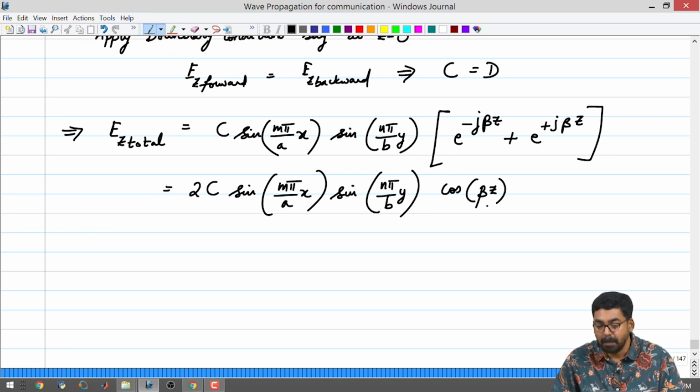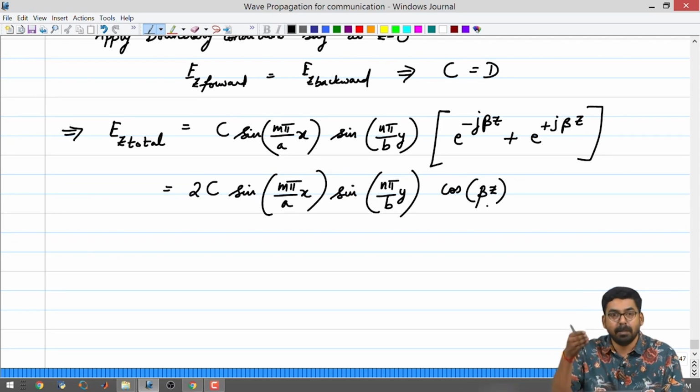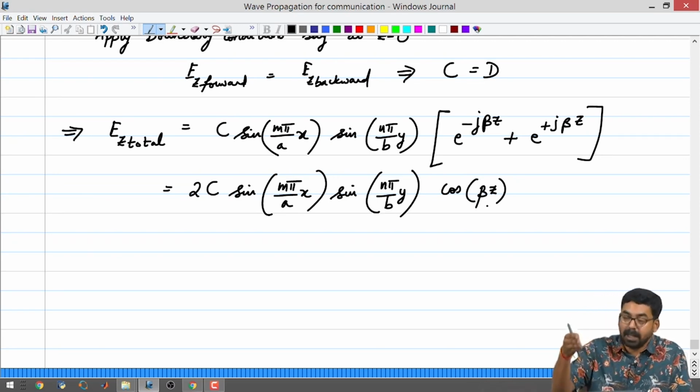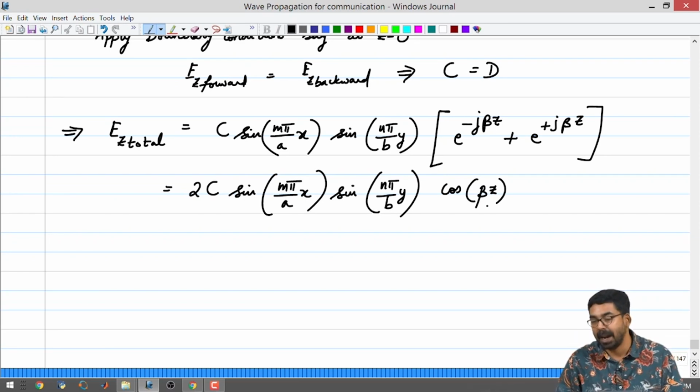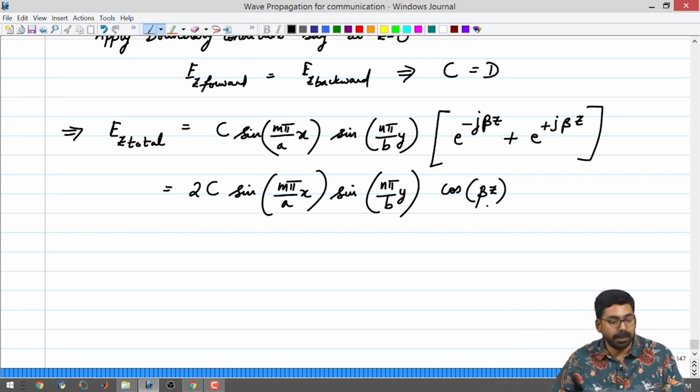Then I have sin m pi by a into x, which will determine the standing wave pattern about the x direction, and in our diagram it is the horizontal direction of the cross section. Sin n pi by b into y will determine the number of half cycles that you will have in the vertical direction, and cos beta z tells you what kind of pattern you will be having in the longitudinal direction.